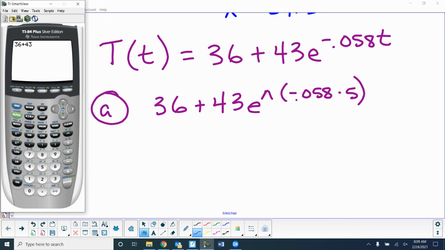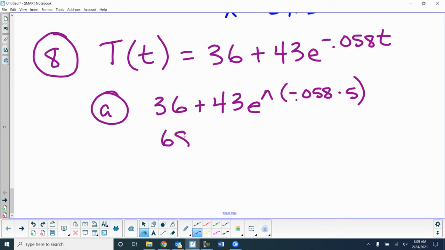Second ln, right? Second button, then ln. Then you get that e caret to show up. And the negative 0.058 times 5. And then in mine, you got to close it off. Some of you have a newer version, and it puts it up there for you. Just hit the right arrow key so it drops it back down. And then hit enter. So 68 degrees. So it dropped from 79 to 68. Still kind of warm, probably.